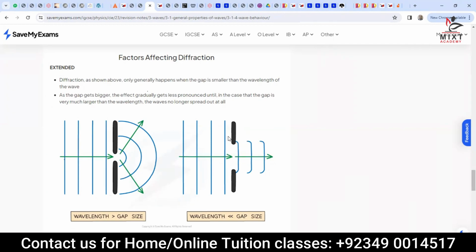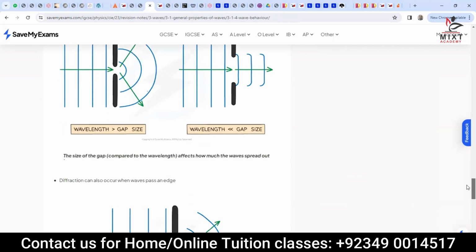And as this gap increases, they are changing into straight lines. So to have a better spreading out, you need to have as sharp an edge as possible, right? So diffraction is what? Spreading out of the wave from the sharp edges, or you can say spreading out of the wave is called diffraction. Guys, any question in this diffraction?